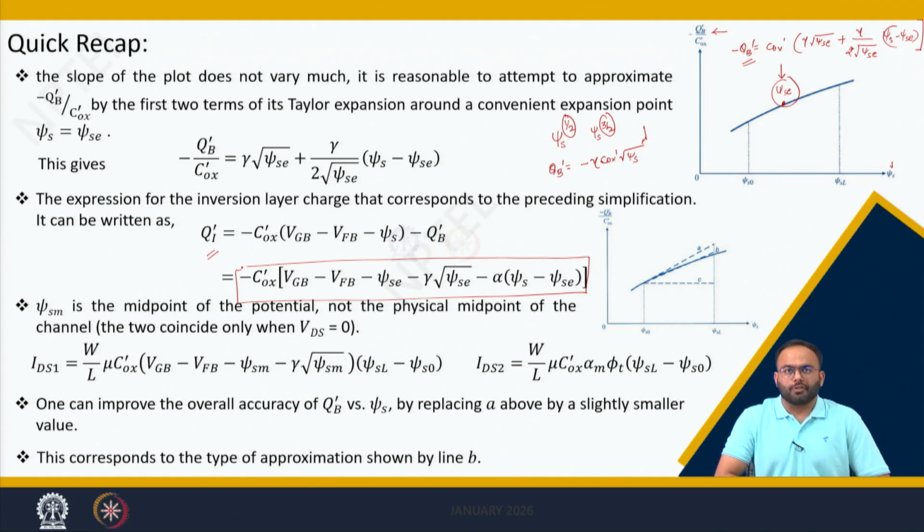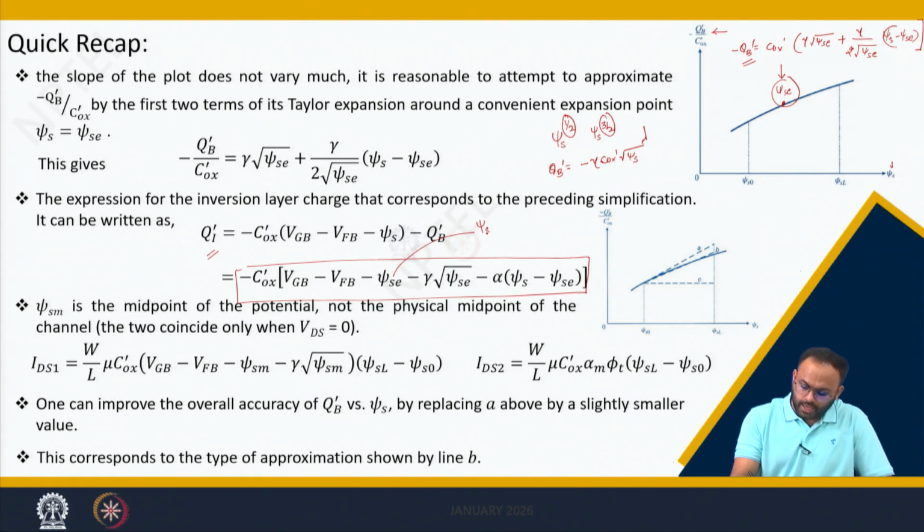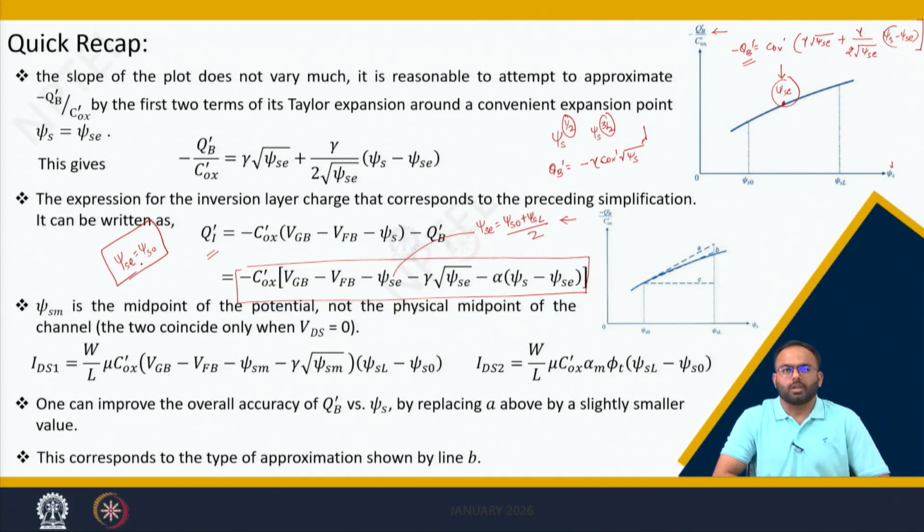Based on the choice of psi se, we defined two models: the body reference model and the source reference model. We said that if you choose as the expansion point psi se equal to psi s0 plus psi sl divided by 2, this will give you a body reference model, and when we choose psi se equal to psi s0, this will give you a source reference model.